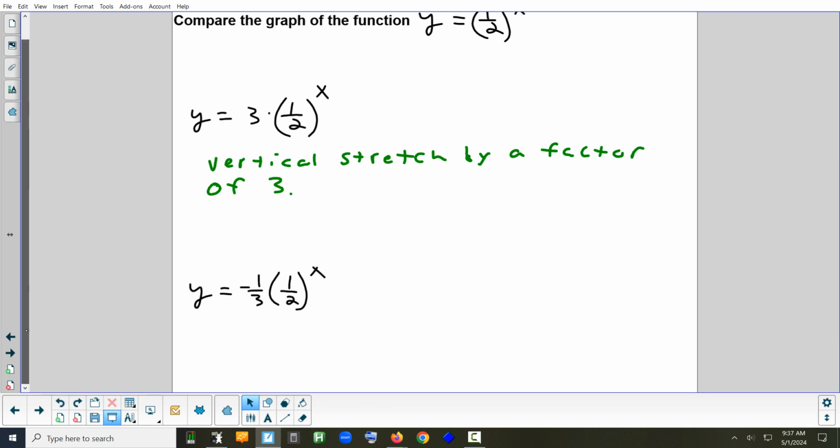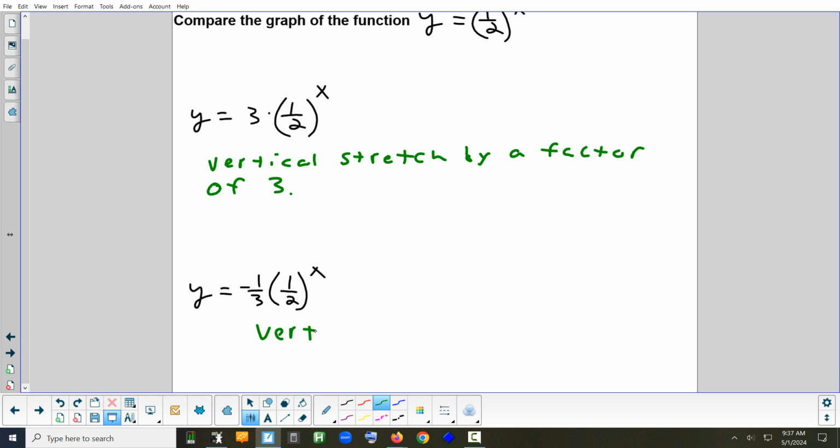All right, how about the second one? What's the first part of what we need to say? Vertical stretch by a factor. Nobody's really been saying that negative at first, which is good. We don't want to say it when we do the vertical stretch. So we just say vertical stretch by a factor of 1/3.